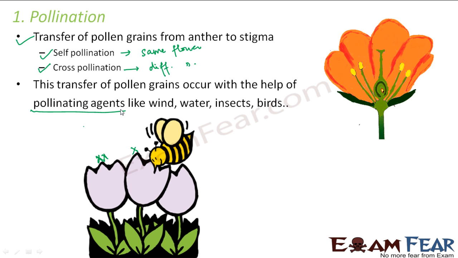Why do flowers want to attract insects? Because if insects come to the flowers, they will carry the pollen grains from anther to stigma, and therefore help in the process of pollination. The colorful petals of a flower attract insects. Insects come there and act as pollinating agents. So this is the first step for sexual reproduction, that is pollination.